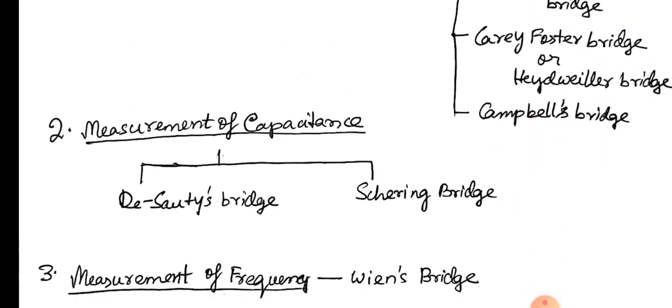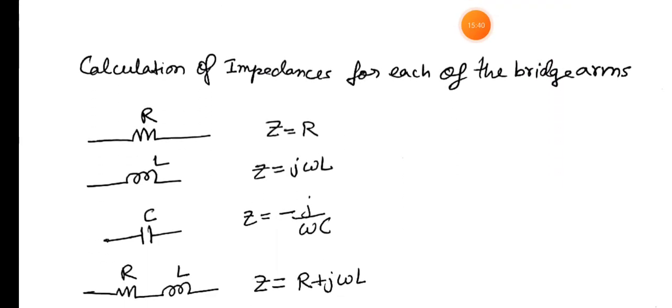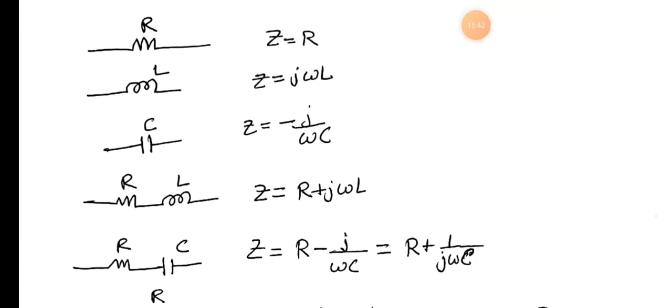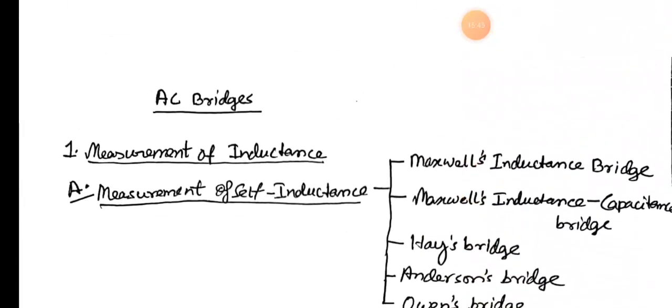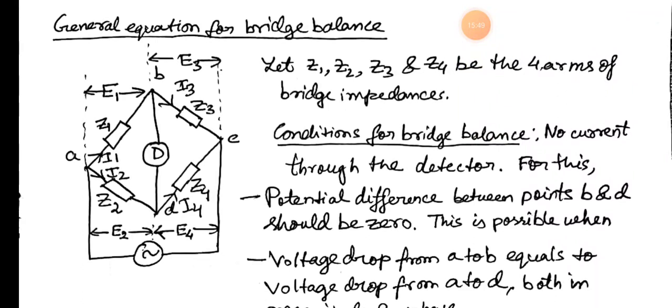Okay, next we will go on to the calculation of impedance in the bridge arms. This was our bridge, right? Here I wrote Z1, Z2, Z3, Z4.